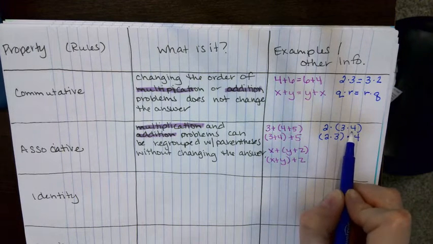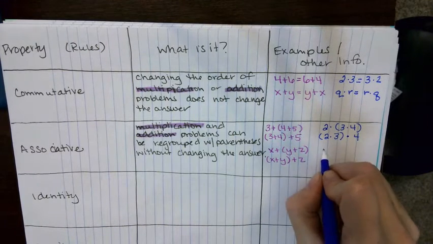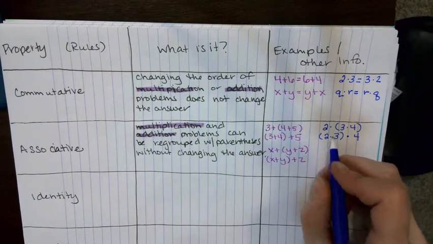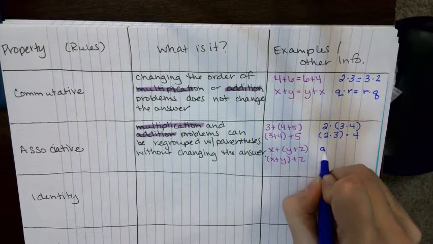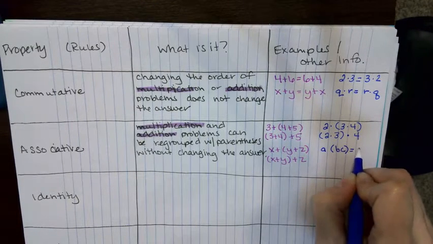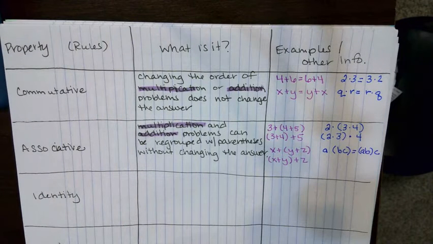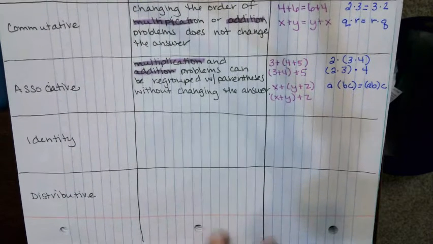Because 2 times 12 is 24 and 6 times 4 is also 24. Here's what it would look like algebraically: A times the quantity BC is equal to AB times C. Weird, yeah?